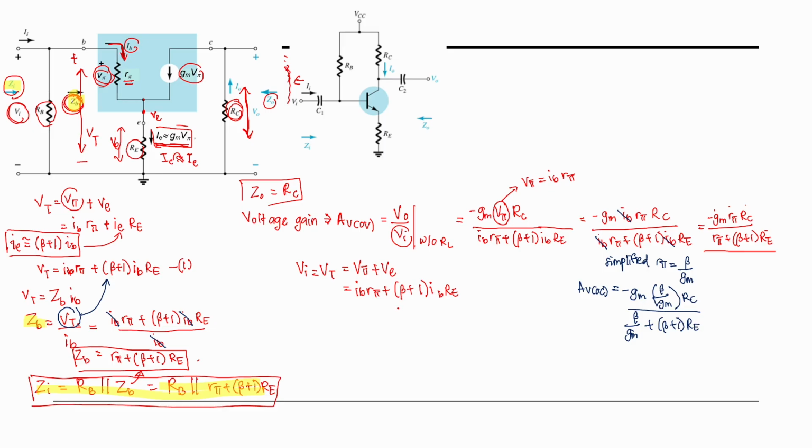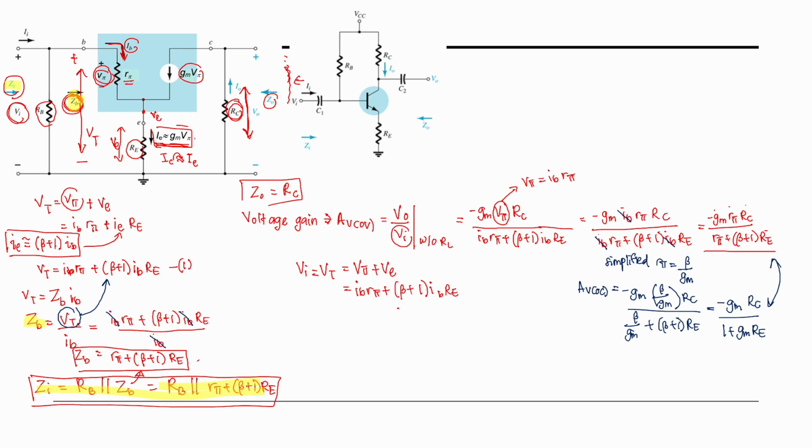And from here, you can simplify this equation to become negative GM RC over 1 plus GM RE. This is actually the same, just a simplified version by replacing R pi equals beta over GM.